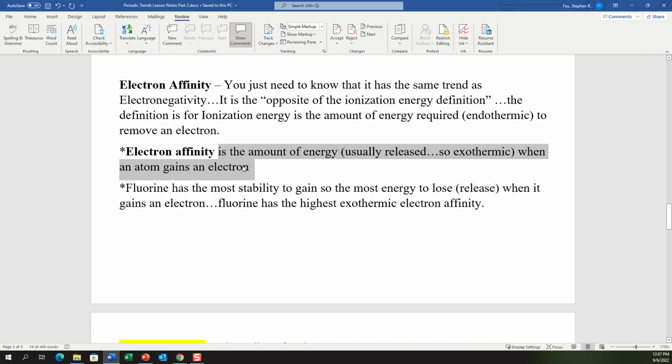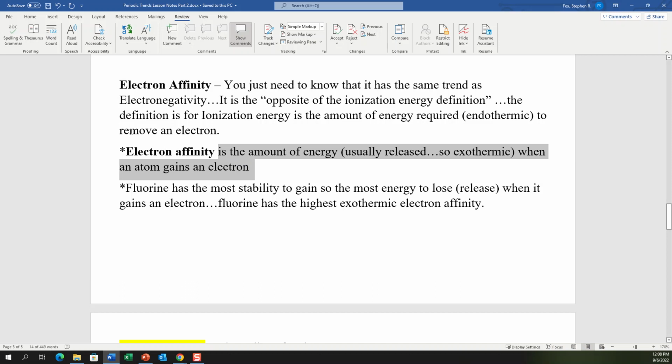So think of it as kind of the opposite of ionization energy. Ionization energy is the amount of energy required to remove an electron, and it always requires energy to remove an electron. So it's always endothermic. Electron affinity is the amount of energy that gets released when an atom gains an electron, so it's usually an exothermic process, because when you gain electrons, you normally release energy if it stabilizes you.